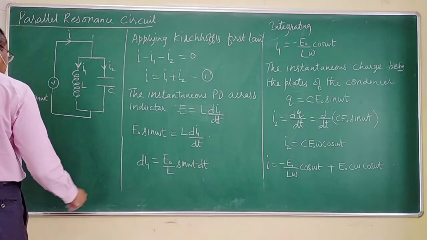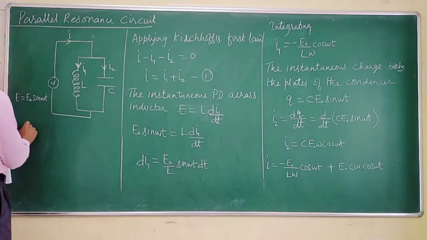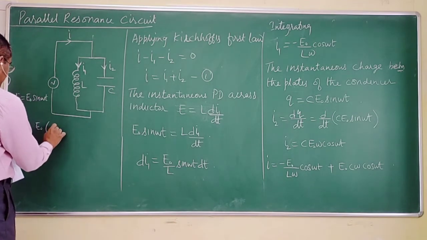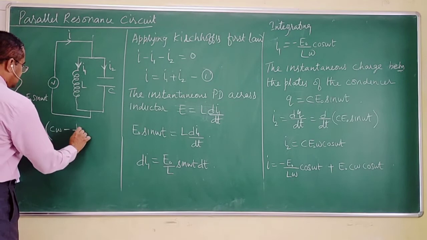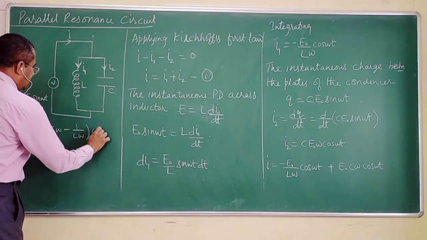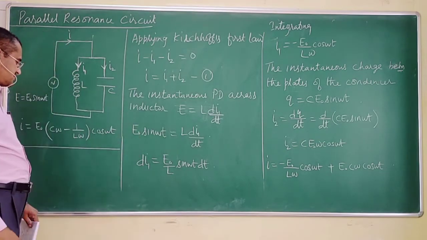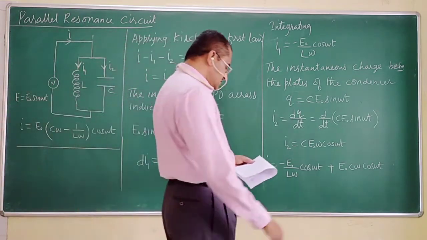We can rearrange that expression as I is equal to E naught into C omega minus 1 by L omega, times cos omega t. So I have got an expression for the total current.